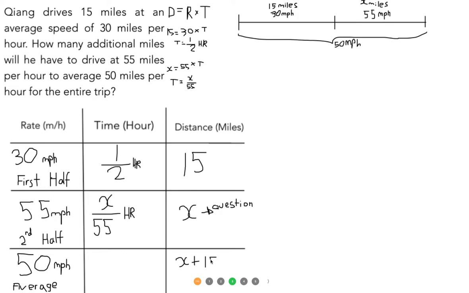And to figure out the time, we can follow the same steps of substituting x plus 15 into d. And that equals the rate, which is 50 miles per hour, times the time, which is t.